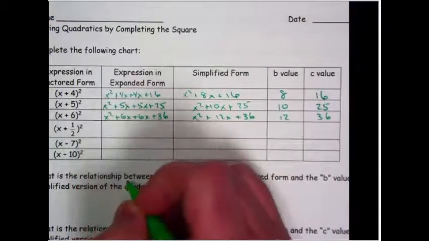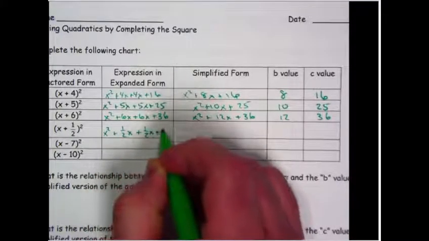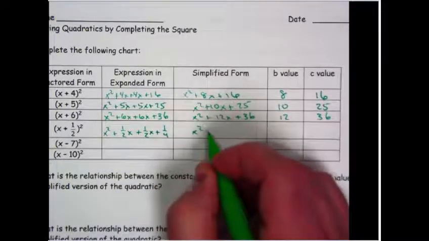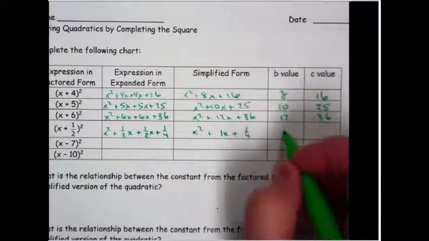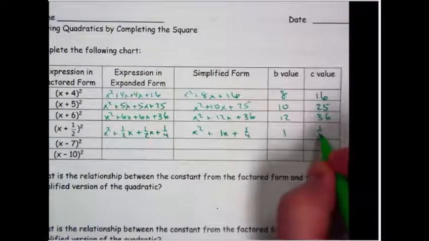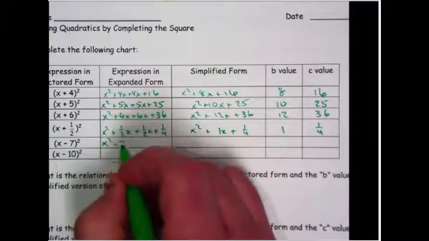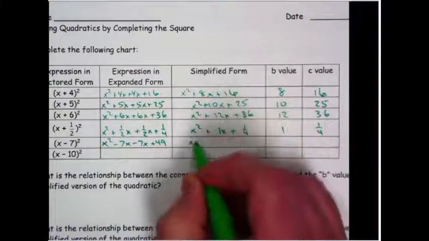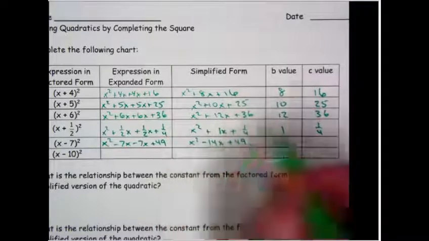Even with fractions, it still works the same way. We would have x squared plus 1/2 x plus 1/2 x plus 1/4, which would be x squared plus 1x plus 1/4. The b value is 1, the c value is 1/4. And this would be x squared minus 7x minus 7x plus 49, x squared minus 14x plus 49.